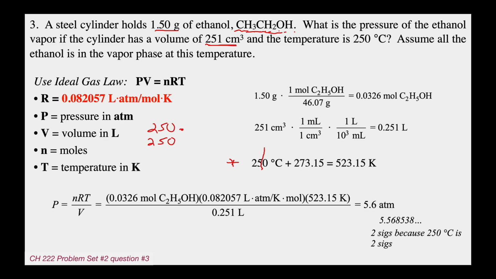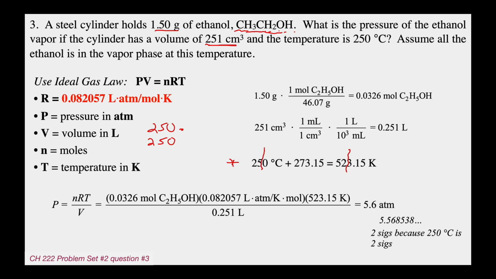So if you don't see that dot by the 0, that means the 0 does not count. And 250, it literally has a 2 sig fig number. So over here at 523.15, officially, you would cut it off right there. It would be like 520. But you don't want to use 520 in the answer.